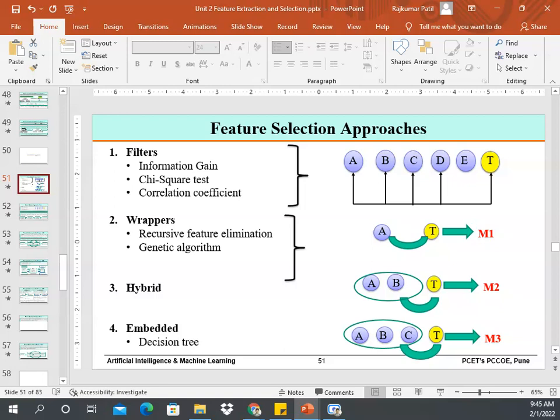But the question comes, are these the only approaches? No. If you go to the literature, you will come across a lot of approaches, thousands of approaches, but these are some of the approaches that we need to understand. And once we understand the fundamentals of these approaches, slowly we can explore the different approaches.